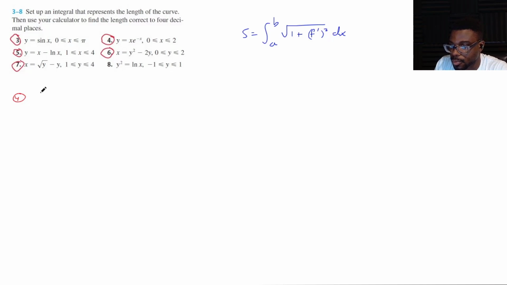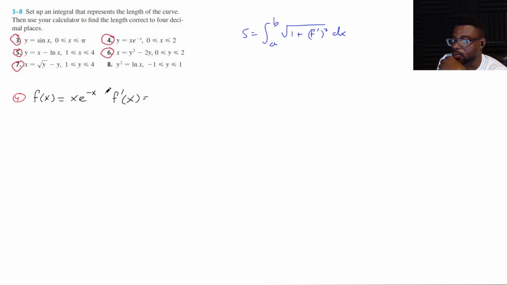Okay, so we have the integral from 0 to 2 of x e to the negative x. Oh, sorry about that. We have to actually take the derivative first. So we're going to say f of x is equal to x e to the negative x, which means that f prime of x is equal to, let's see here.